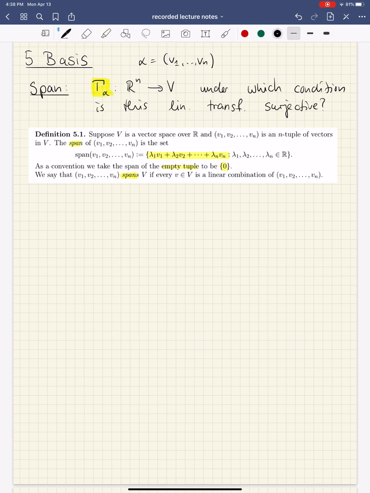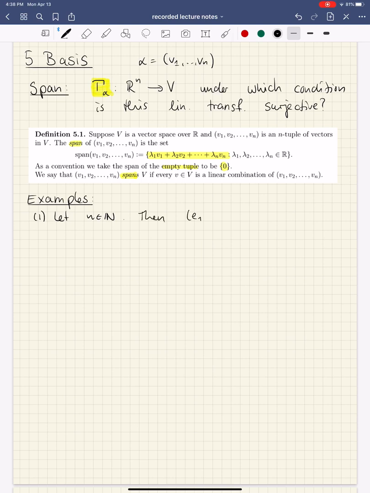So before we go on, let's look first at some examples. Number 1. Let n be in the natural numbers.